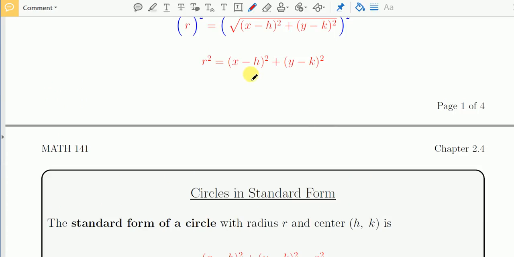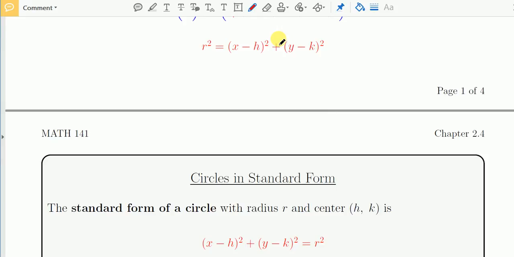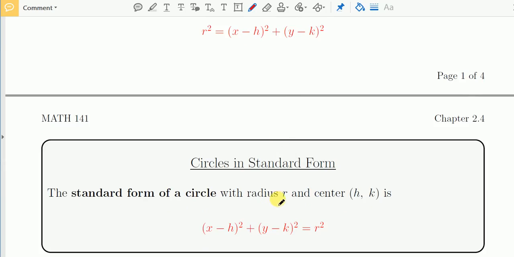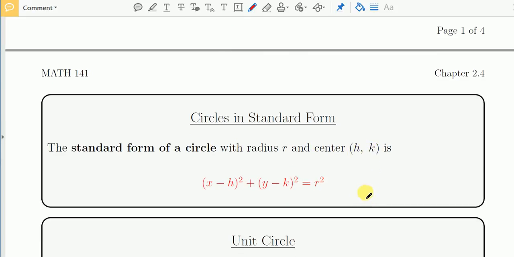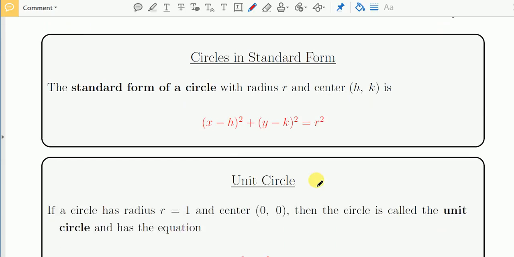In fact, this is the standard form of the circle with the radius r and the center (h, k). So if you are given a center, you can always plug h and k into here with a radius value, and you can get the equation of the circle.